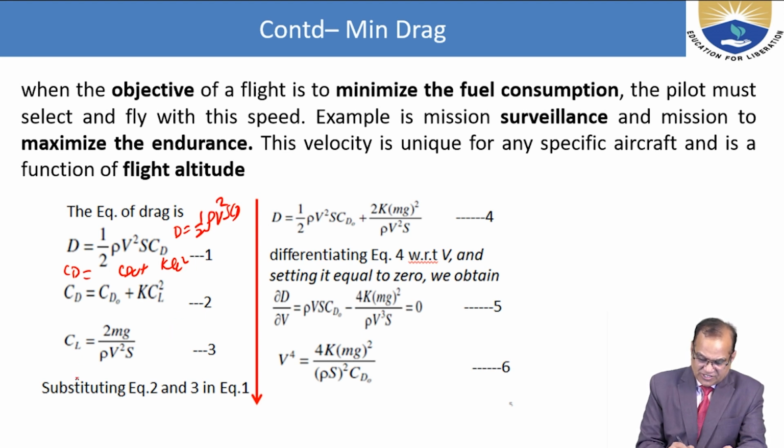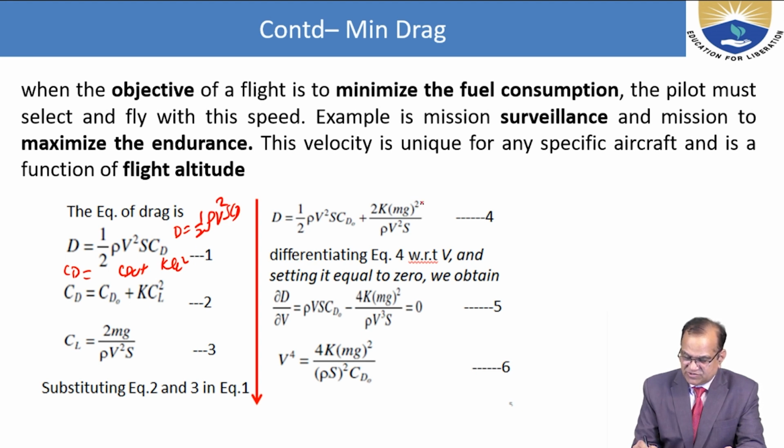We also know that CL is equal to 2W by S rho V square, so 2mg by rho V square S. From equations 2 and 3, putting the value of CL in equation 1, D is equal to half rho V square S CD naught plus 2K mg square by rho V square S.